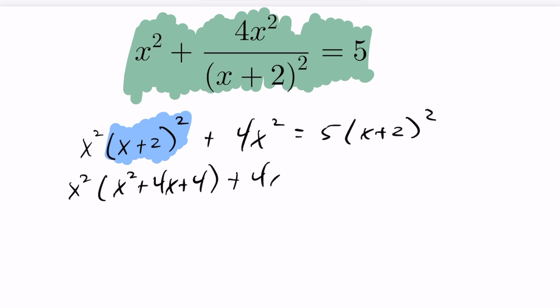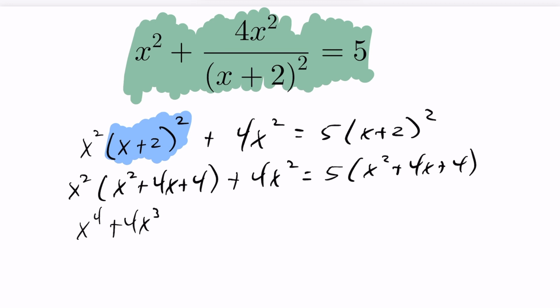And then we have our 4x squared, and expanding out this x squared plus 4x plus 4, then distributing, we get x to the fourth plus 4x cubed plus 4x squared plus another 4x squared, and we get 5x squared plus 20x plus 20.